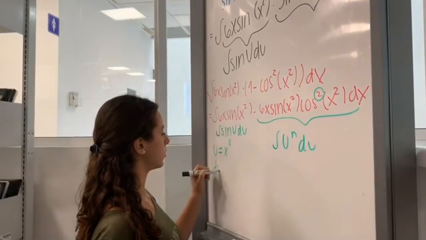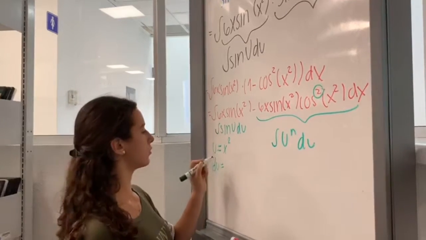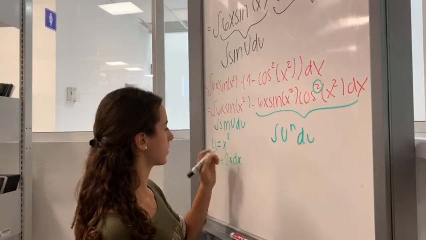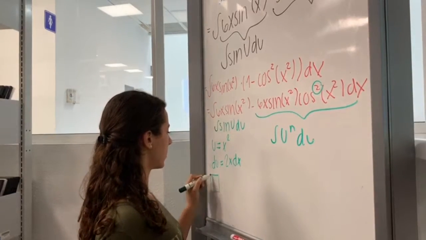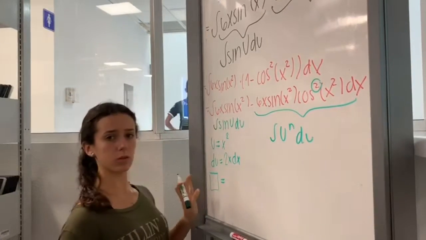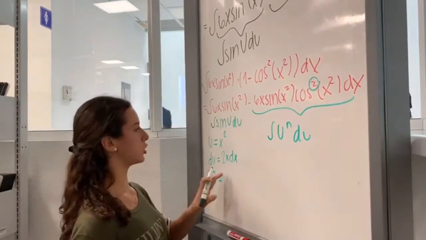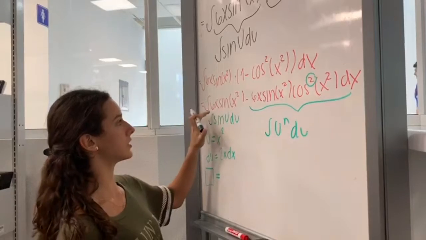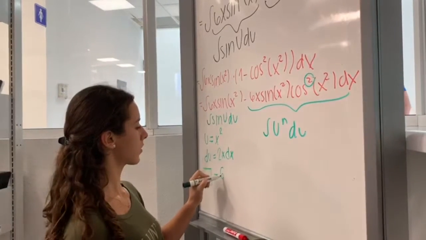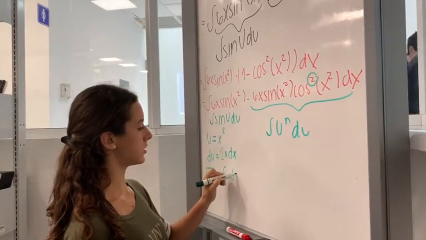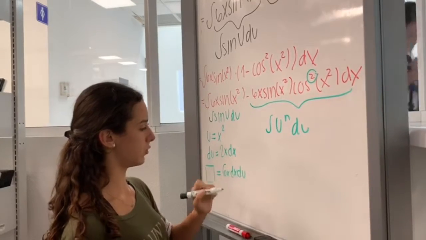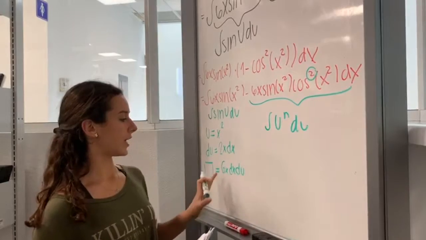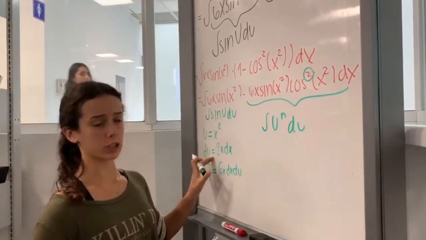We write down the du, which is the derivative of our u, which is 2x dx. And in order to find out the things we need in our box, we need to write down the remaining information, which is 6x dx.